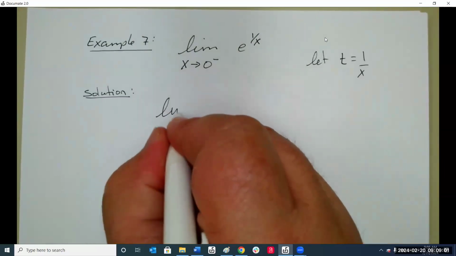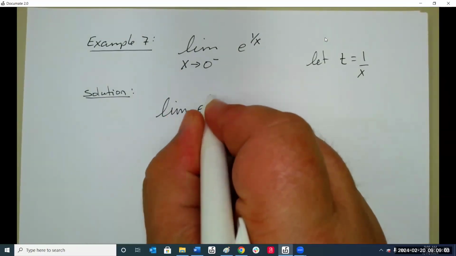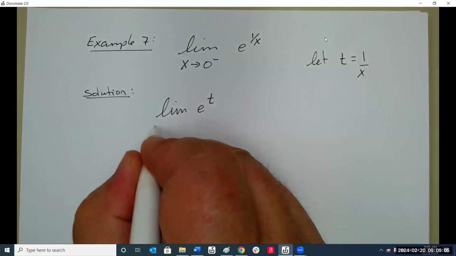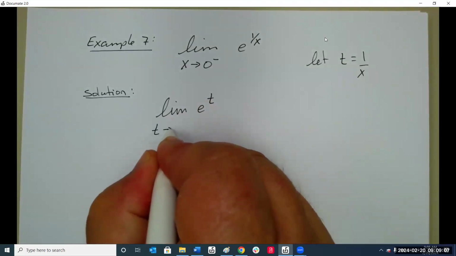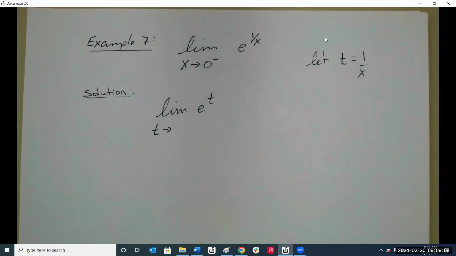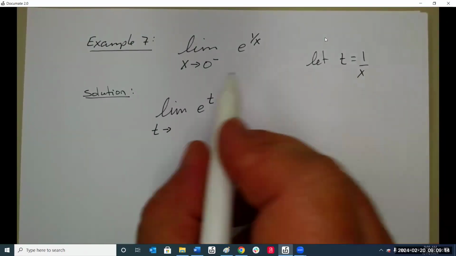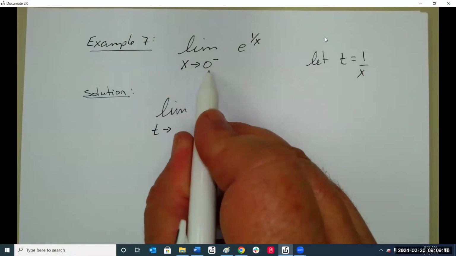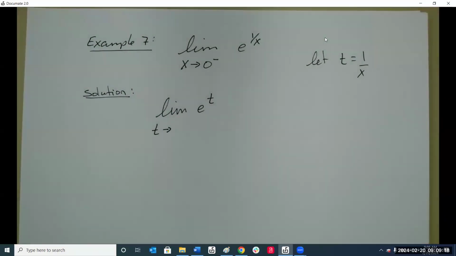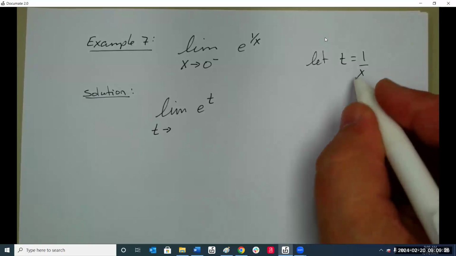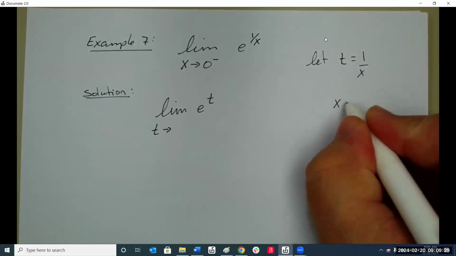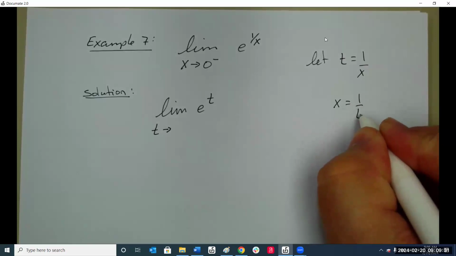So what does that mean our limit is going to, as t goes to what value? If x is going to 0, where is t going? Again, we have x equal to 1 over t.